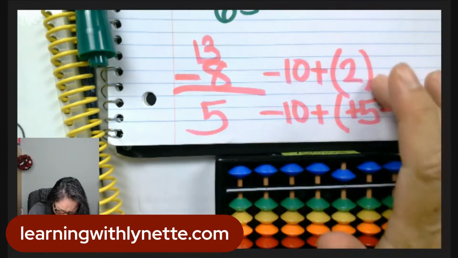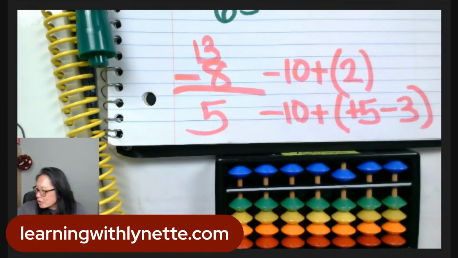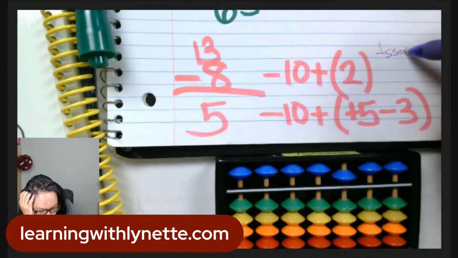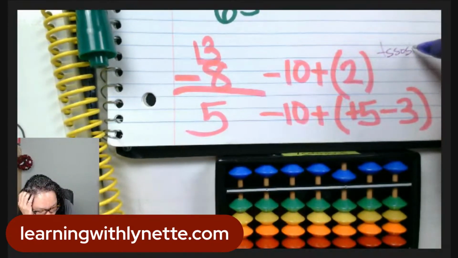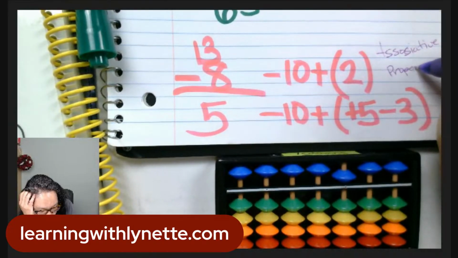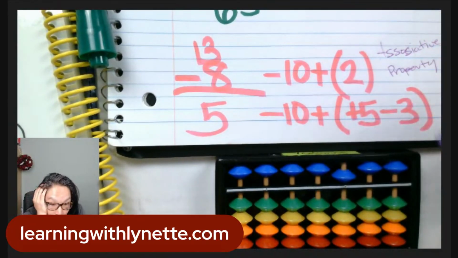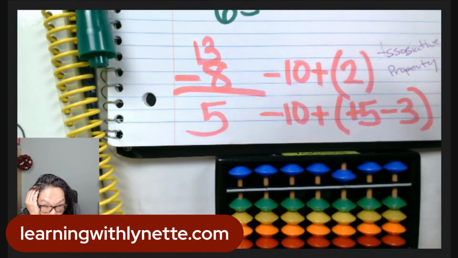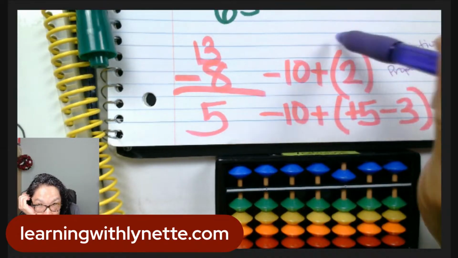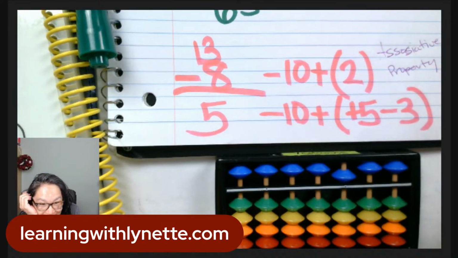Good. Associative property. I don't even know how to spell it. Associative property. I think this would be a better way. So we need to put parentheses around it. Thank you.